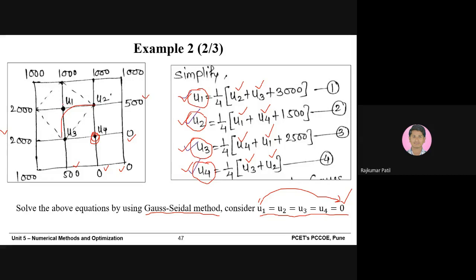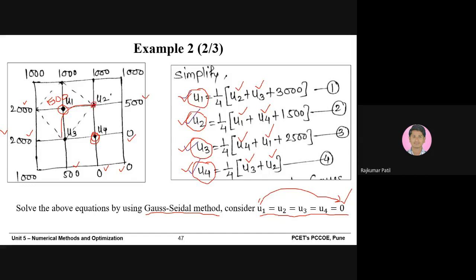When you want to take a value for U1, check neighbor values 1000, 1000, 1000, 2000. Here also 2000. So you may say that we can take around 1500 or 1200, no problem, you can take based on your understanding level.